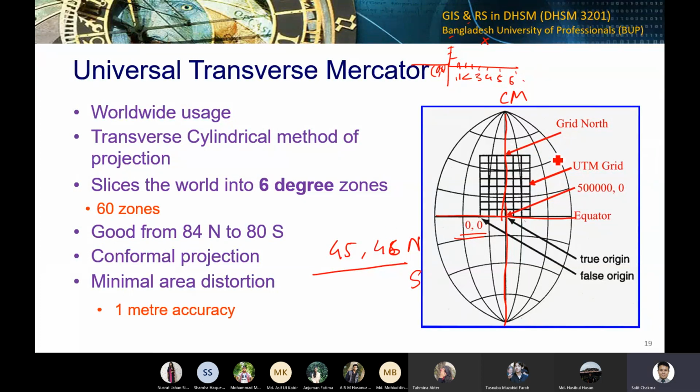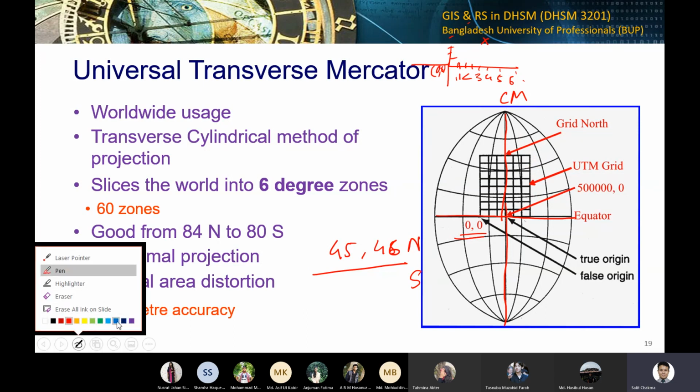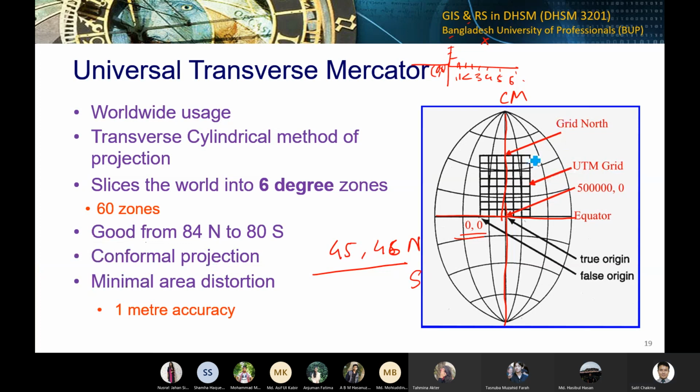So that means when we start to think about the next zone on the right, this next zone also has another false origin, 0, 0 for that zone, and every calculation is done based on this false origin, not the false origin of the other zone.